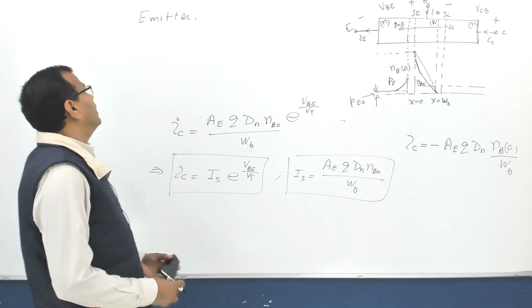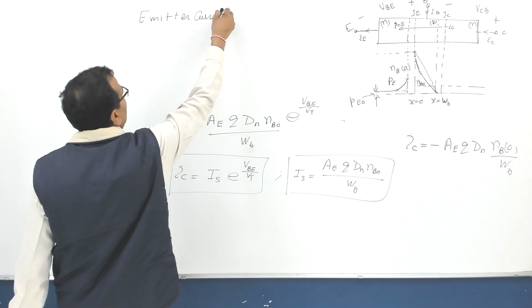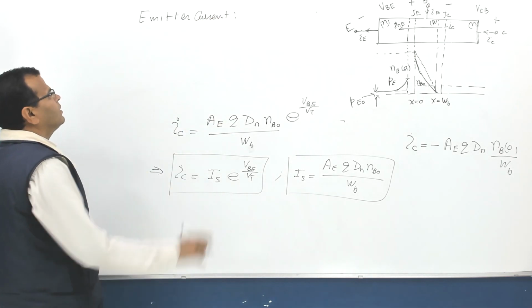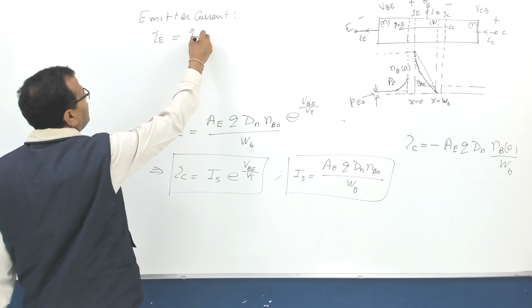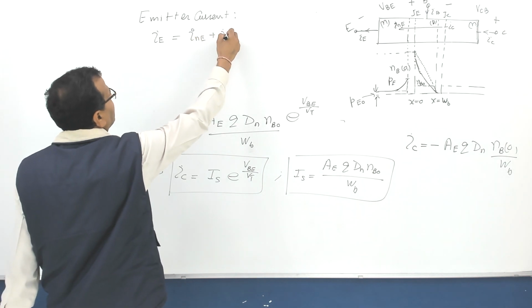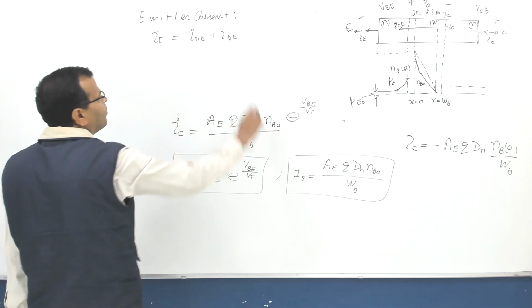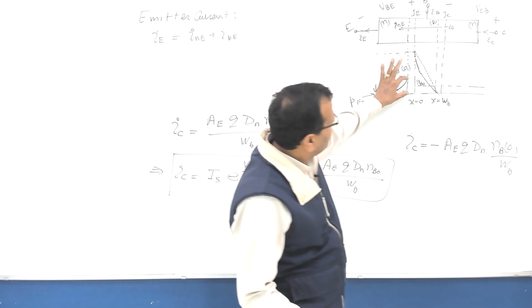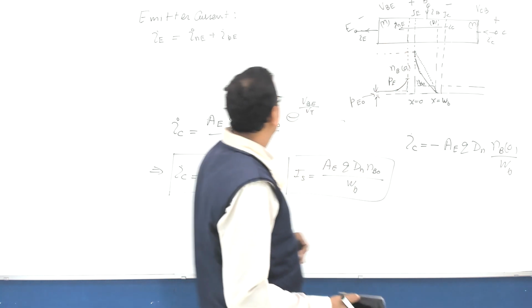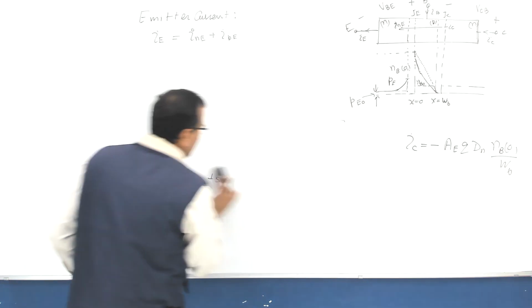Fine. Then let us talk about the emitter current now. The emitter current IE has two components, IEN plus IEP. There are two components. I'll be taking these two components here itself, at the edge of the diffusion layer.